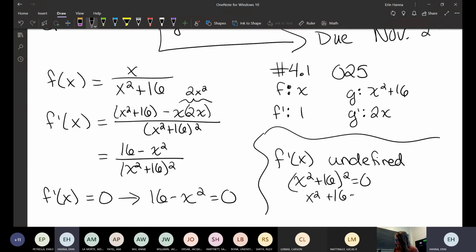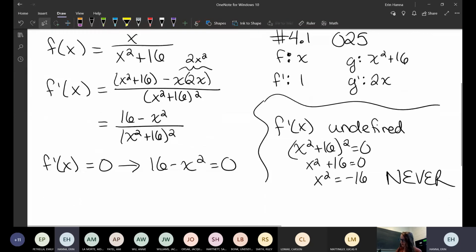For the undefined piece, you would need that x squared equals negative 16, which doesn't happen because we can't take the square root of a negative, so that would never happen. So we need to just focus on setting the derivative equal to 0, which would give us 16 equals x squared, so x equals plus or minus 4.